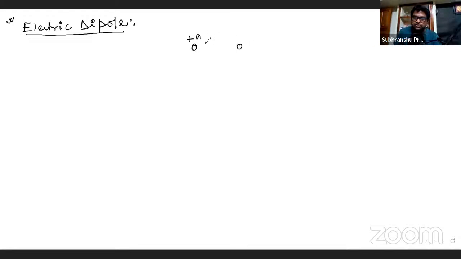Let's say plus Q and minus Q, separated by a small distance 2a. 2a is the distance we are taking.